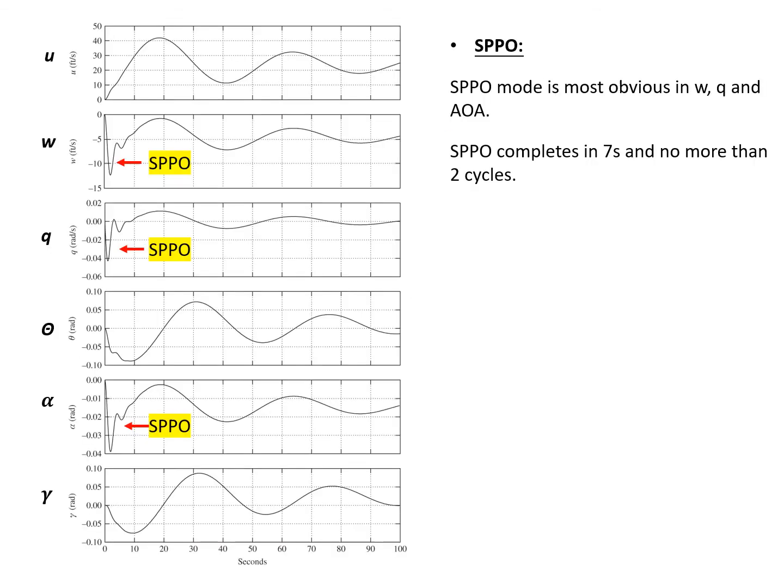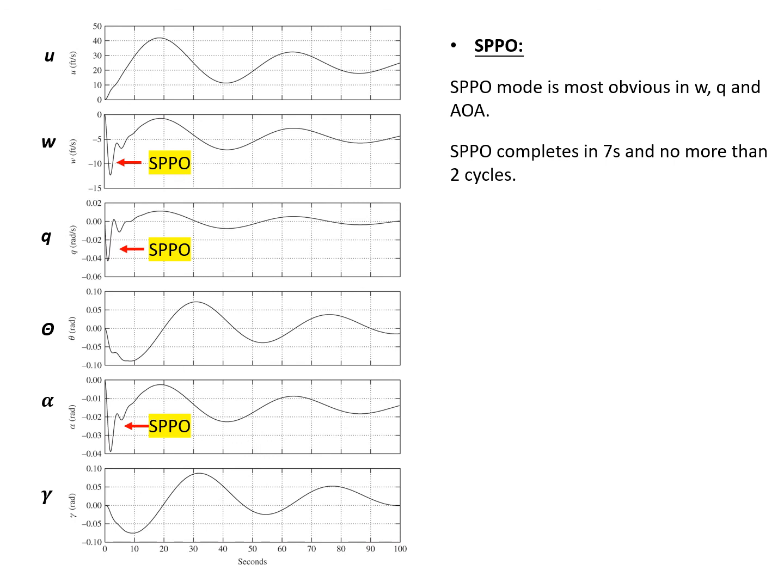Okay, so let's move further. If we see the results in graphs, we have 6 diagrams here, and from top to bottom they are U, W, Q, theta, alpha, and gamma. We can first look at the short period pitching oscillation. The SPPO mode is almost obvious in W, Q, and angle of attack.